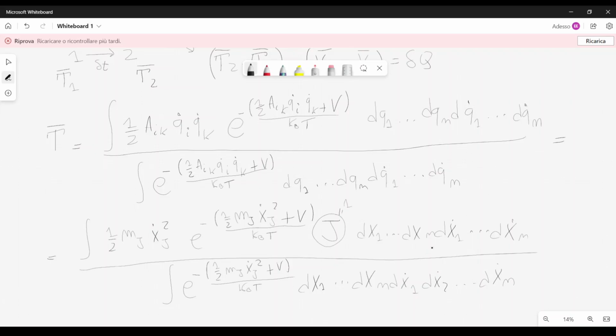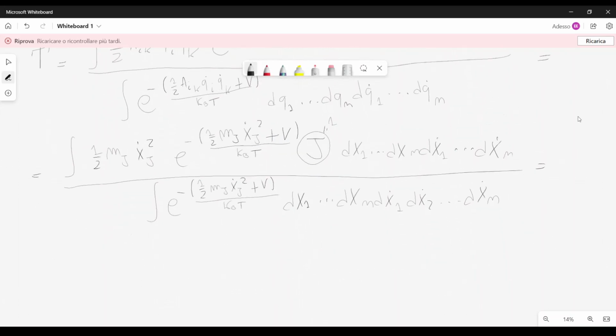Now in this case the integration over x1 ... xn will be very simple because it will be independent of the integration over x dot 1 ... x dot n. So over x1 ... xn we only have to integrate the potential energy. So you can easily see that this ratio can also be written in this form. It's just the integral of 1/2 m_j x dot j squared e to the minus 1/2 m_j x dot j squared, and I don't have to put the potential anymore because it will get simplified by the denominator.